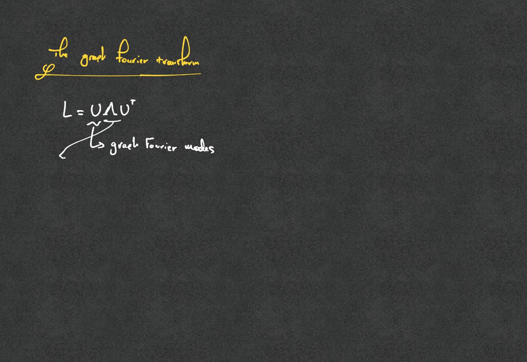And we can see that this diagonal matrix of eigenvalues is very similar to the corresponding frequency values when we were talking about Fourier transforms. We use the eigenvectors of the Laplacian matrix to define the Fourier modes for it.